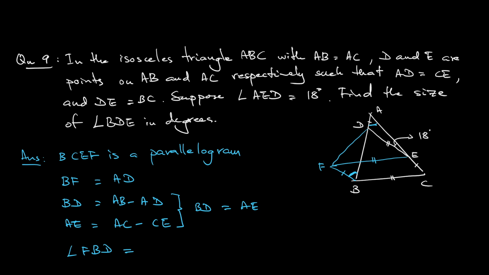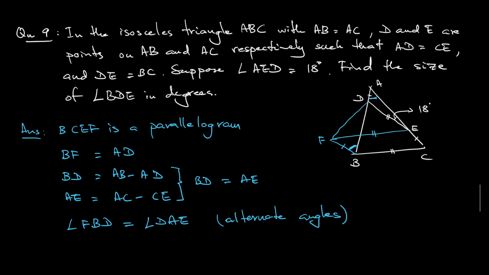Because these two lines are parallel. It's not drawn to scale, okay? So it's an alternate angle basically. It's equal to DAE, alternate angles. So two sides, one angle in between.